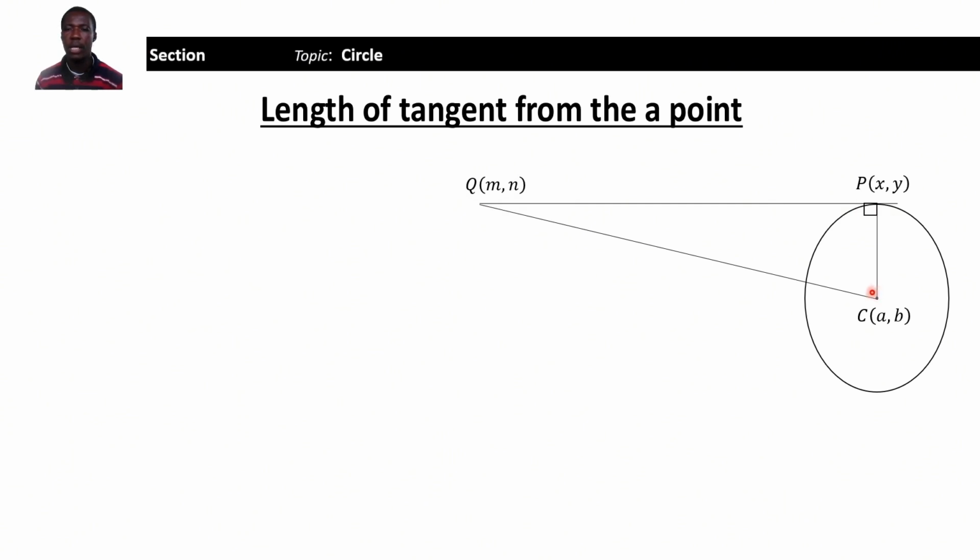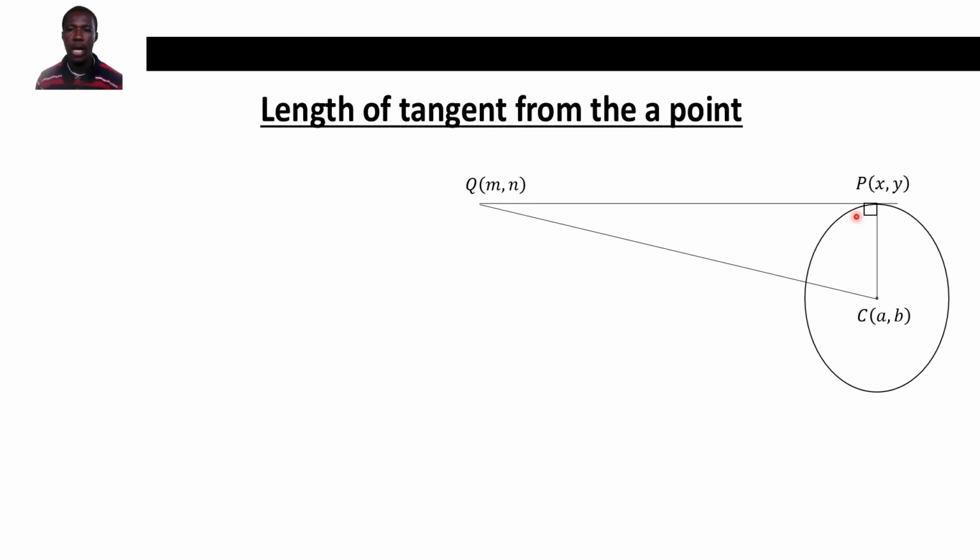That means if we are able to determine the length of the radius, and if we are able to determine the center, we can also find the length of the point Q to the point C. And once we get QC and then CP, by Pythagoras theorem, we can determine PQ. I hope this is understandable.